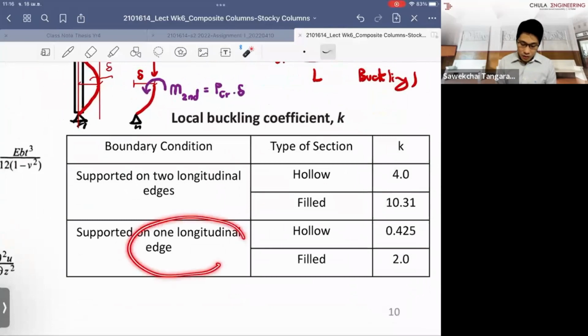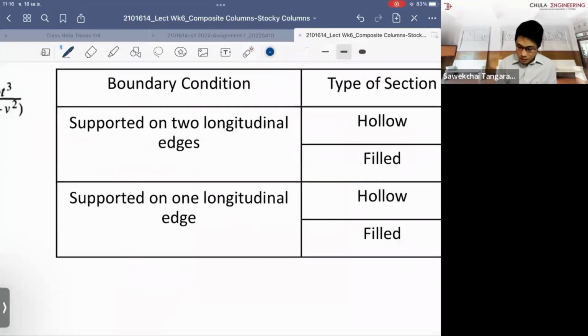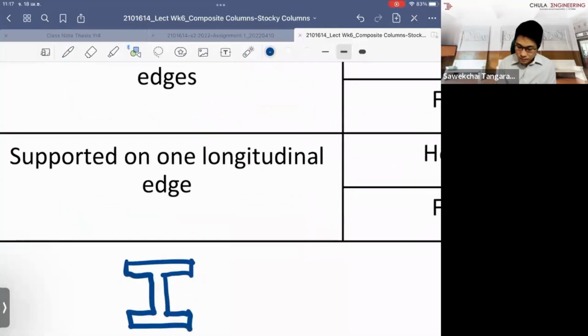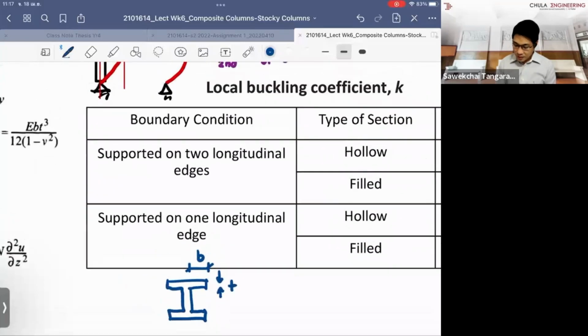When we have support on only one longitudinal edge, what it means is like the flange. Remember, when we count this, we check for the outstanding flange. And we say that this is B, and the thickness of the flange is T, right?